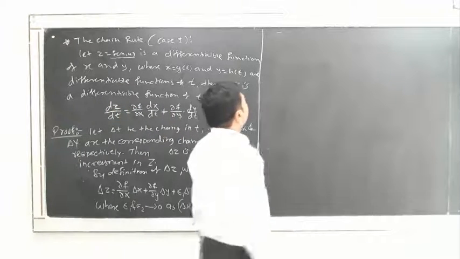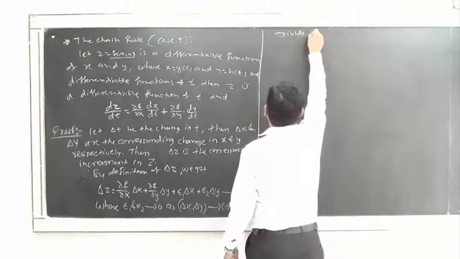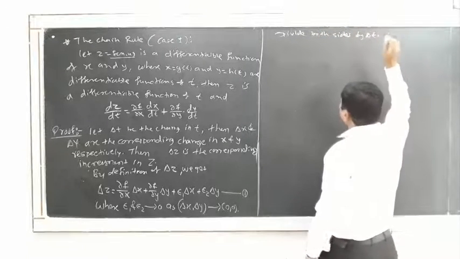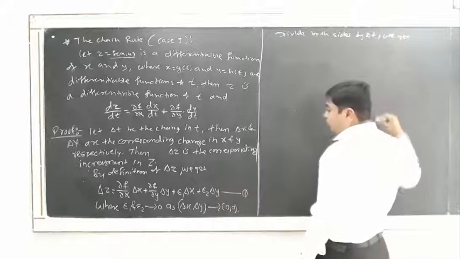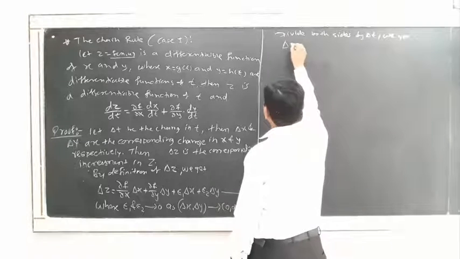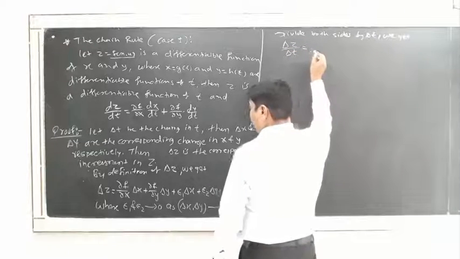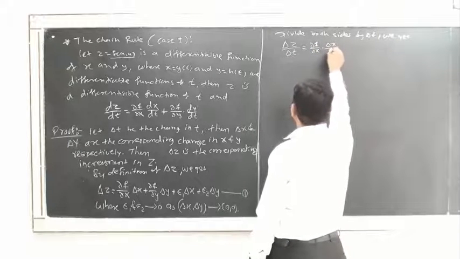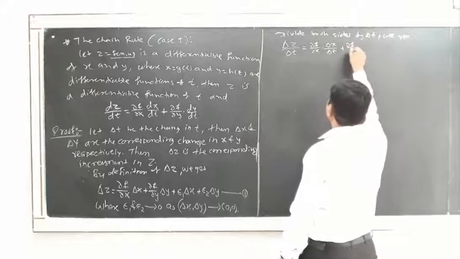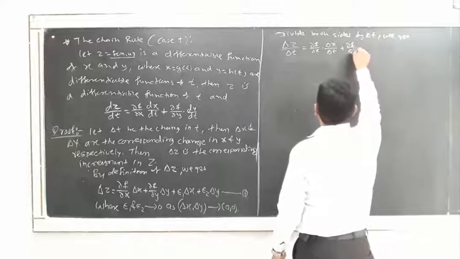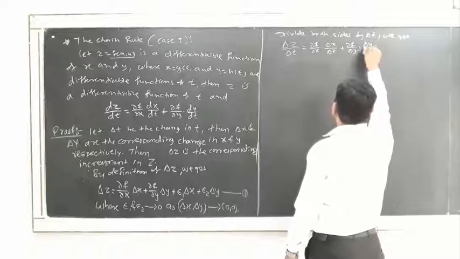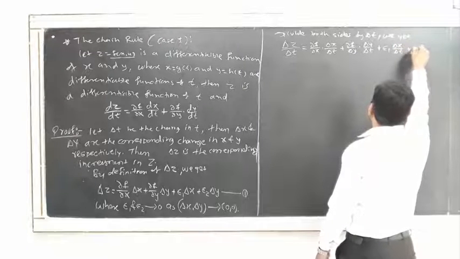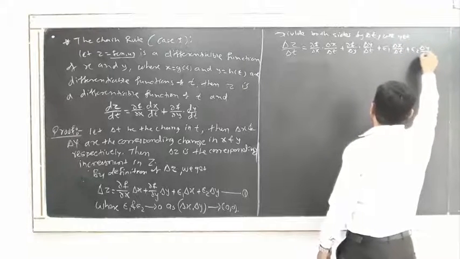Now divide both sides by delta t. Delta z by delta t is equal to del f by del x into delta x by delta t plus del f by del y into delta y by delta t plus epsilon 1 delta x by delta t plus epsilon 2 delta y by delta t.